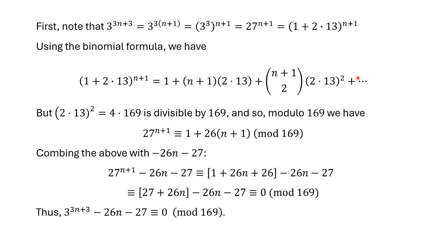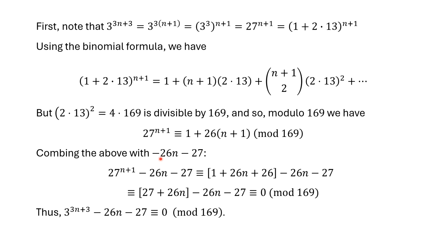So all of these later terms in the binomial expansion here are congruent to 0 mod 169, so they drop out as just being 0 when you're looking in terms of mod 169. And so you just have 27 to the n plus 1, and it's just these terms here that are not 0 mod 169. So that's what I've written here. I just multiplied the 2 times the 13 to get 26.